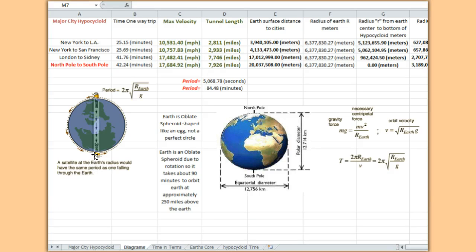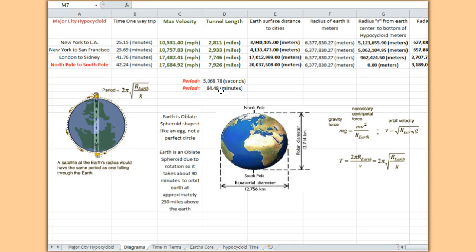But after you reach the South Pole, if you didn't get out, you would go back to the North Pole. It's just like going back and forth, up and down. So we would continue on. And so that would be twice that, which is the period, 84.48 minutes to orbit the Earth at that height of the Earth's radius.